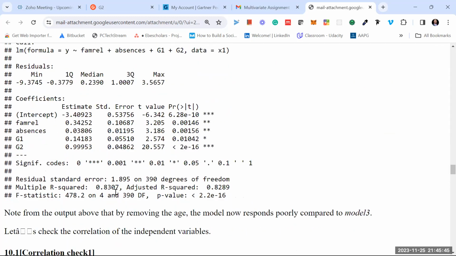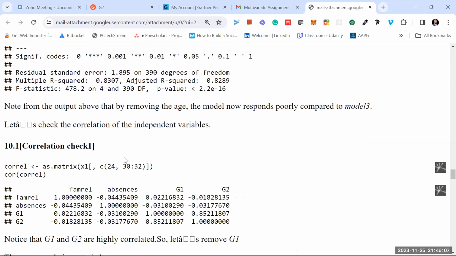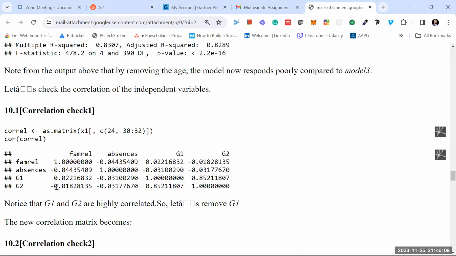When we remove age, we're still able to get 83%, which means age might not be a factor that much, because the difference is very negligible. And at this point, you are beginning to see that the significance of grade 1 has reduced. So when you check the correlation between all of these, you are able to see how correlated they are.